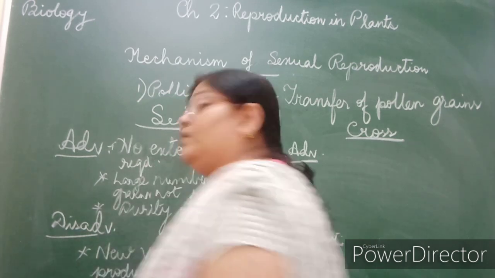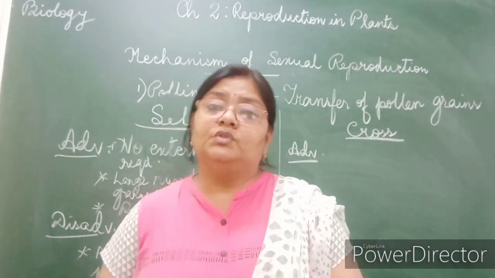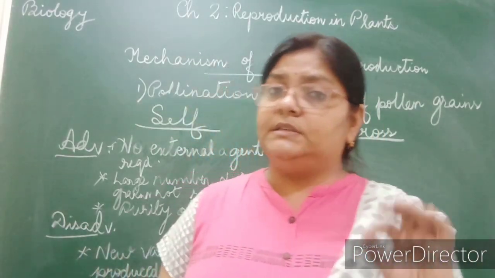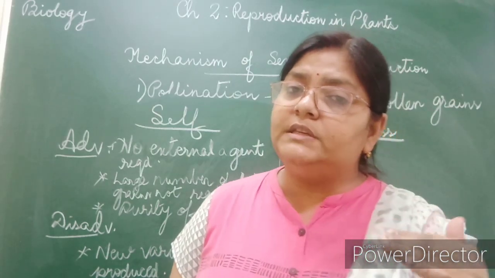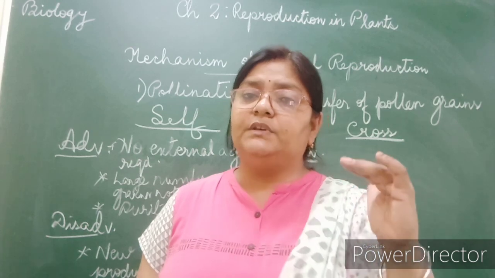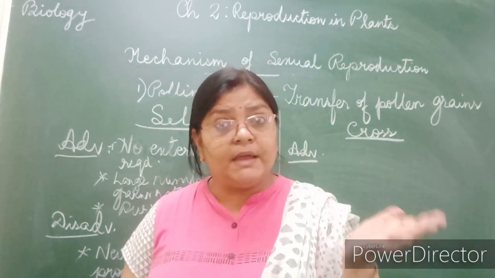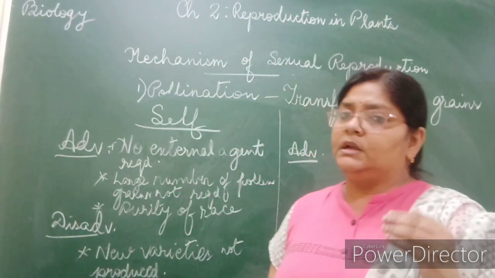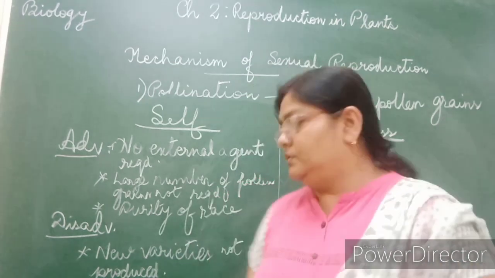Now, because of that, the plants are not disease resistant. If any disease affects these plants, it can very easily spread, because all these self-pollinated plants are of the same type. There are no varieties in it. Therefore disease resistant plants are not produced.